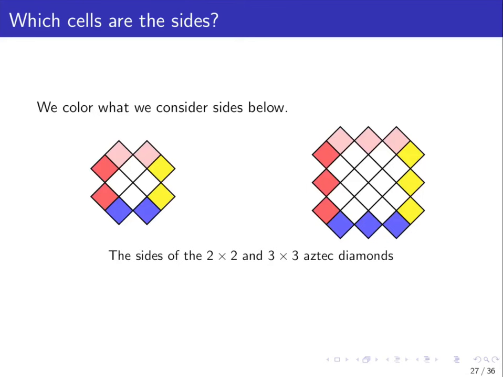And this is also helpful to see why we refer to these Aztec diamonds as 2x2 and 3x3. As we can see, there's 2 squares on the bottom side and 2 squares on the right side. And similarly, there are 3 squares on the bottom side and 3 squares on the right side. So that's why we say that this is the 2x2 and the 3x3 Aztec diamond.